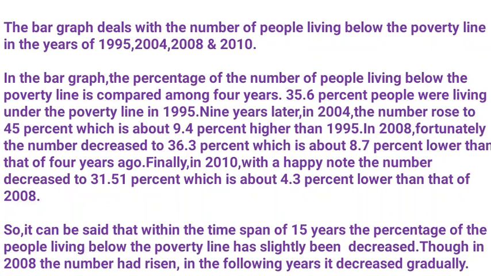So dear students, from the last two lines, we can understand that the percentage of the people living below the poverty line has slightly reduced. In 2008, the number had increased, but in the following years, it reduced gradually.